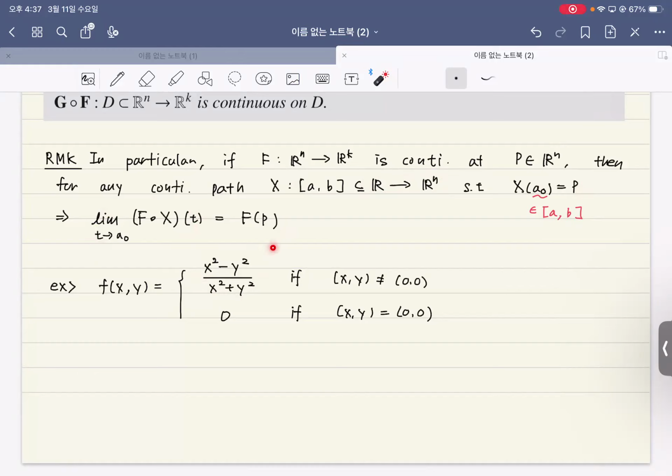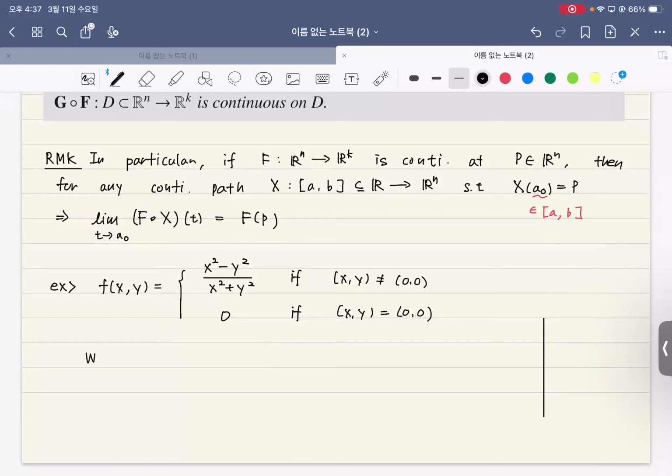But that means if you can find at least one path whose limit is different from f of p, then that is the evidence that your function is non-continuous at the origin. Okay, so I'm going to show you by looking at an example.